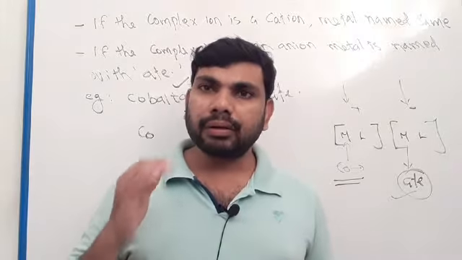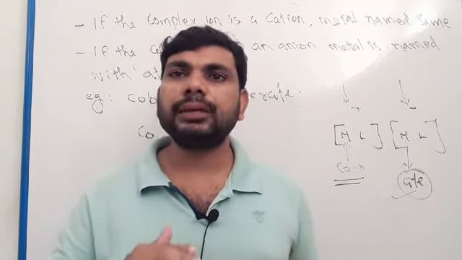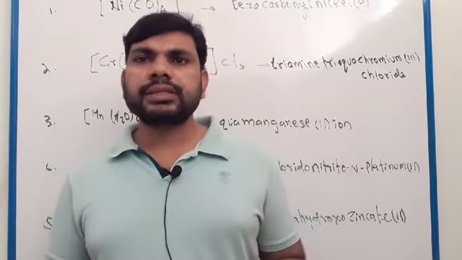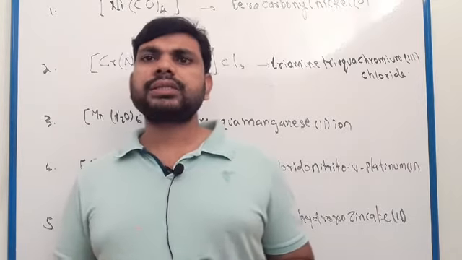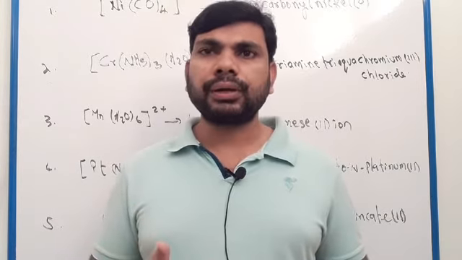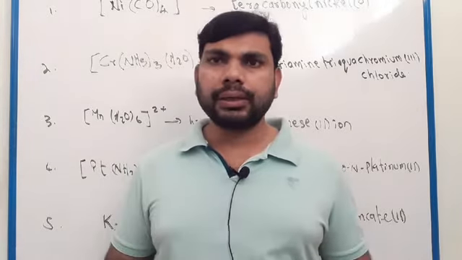All this you have to remember. Based on this information we have to solve the problems. Clear? So we discussed rules for writing formula and also rules for writing the name of coordination compounds.